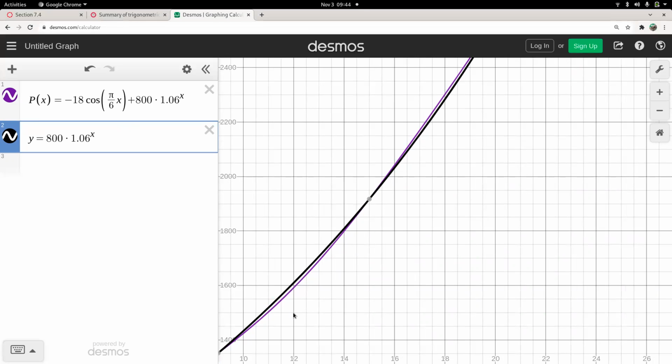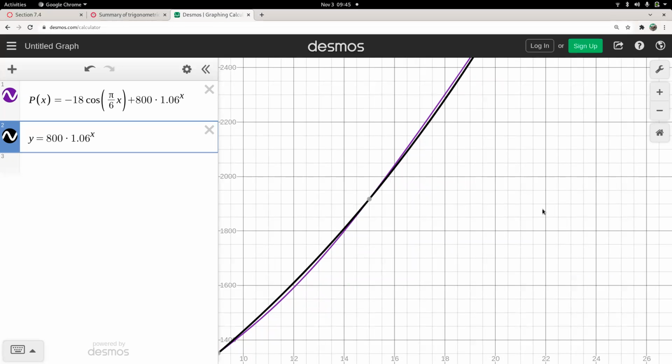Yeah, so again, think about it. We're up around 1,800, 1,600 here, or sorry, 800 and 1,600, and we're only moving 18 above and below that. So that's not really a lot of oscillations, 18 compared to 800. And given that this is exponential, it's really going to be hard to zoom on that and see it better.